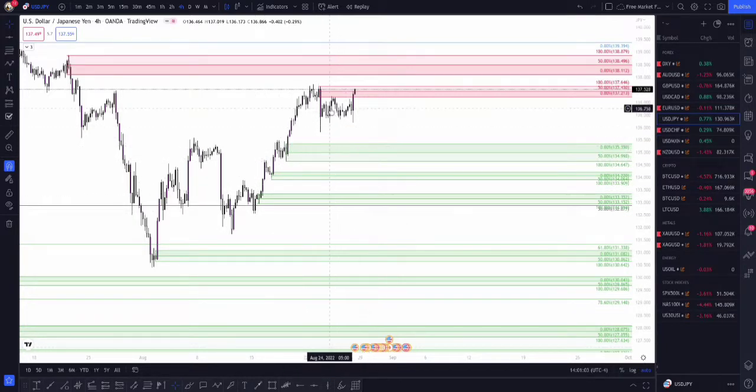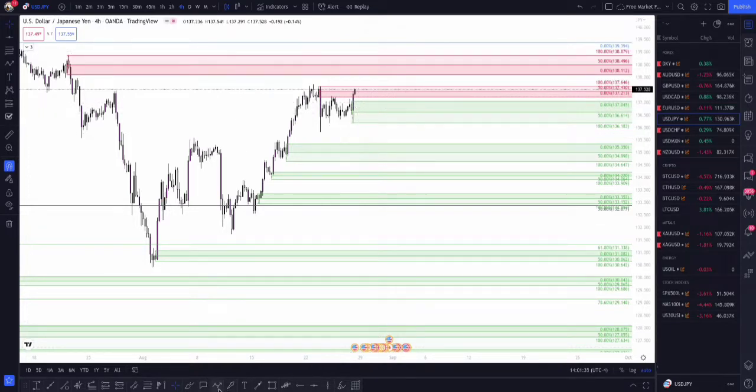We kind of had this transitional supply taken out by this demand here, so let me actually mark that as a demand. We're sitting in supply, but we have a really close demand here. So we could see price pull back, and then we can take this to the long side.